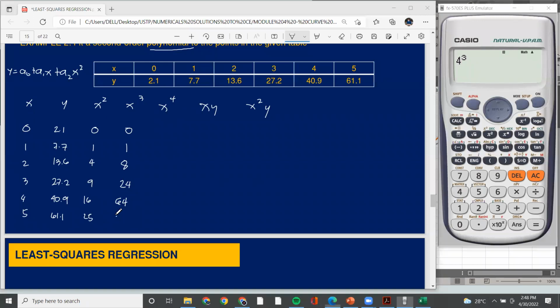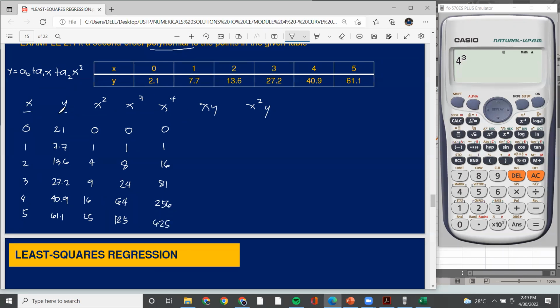Okay. Sige, gamiton ang calculator para paspas. 0, 1, 2 to the fourth is 16. 3 to the fourth is 81. 4 to the fourth is 256. 5 to the fourth is 625. Okay?